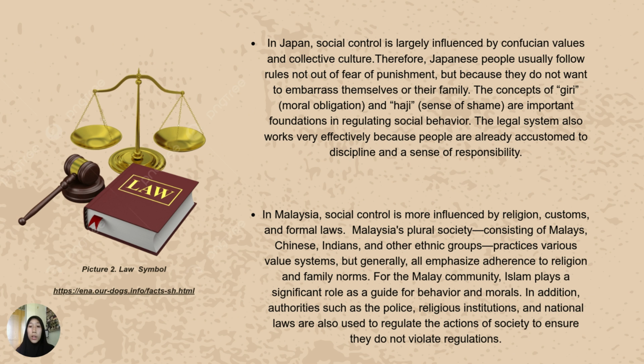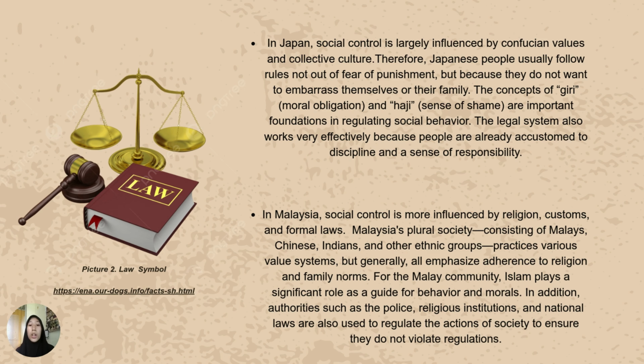The concept of giri, which is moral obligation, and haji, sense of shame, are important foundations in regulating social behavior. The legal system also works very effectively because people are already accustomed to discipline and a sense of responsibility.